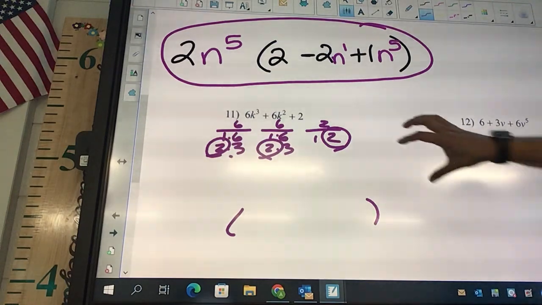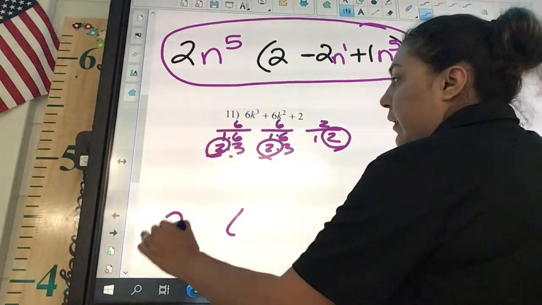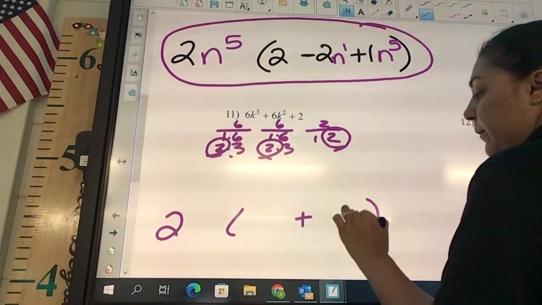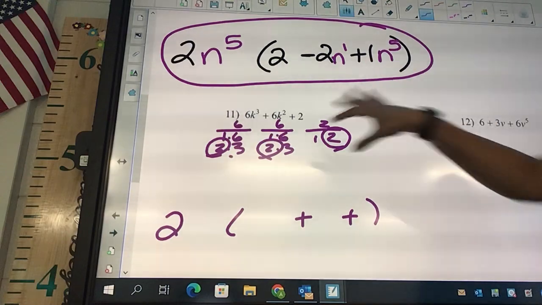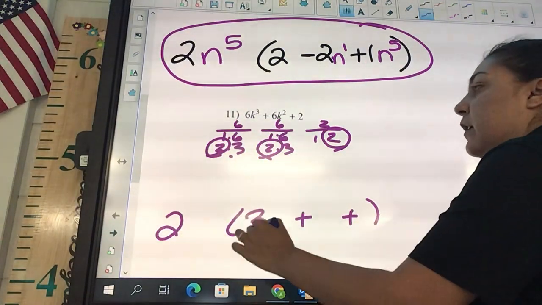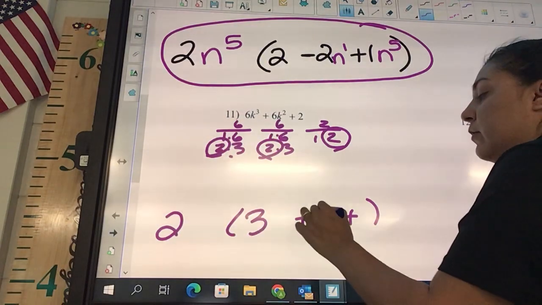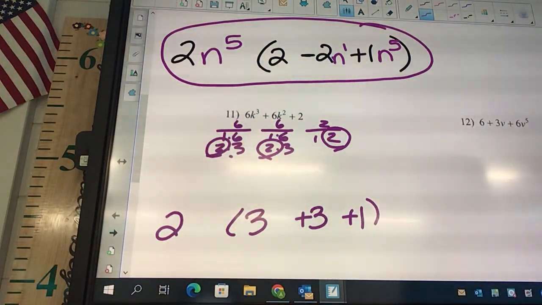Yeah, okay, this last guy, he doesn't have any 6, so we cannot take a 6 out. Okay, we're going to put our signs back. Okay, 6 divided by 2 is 3. 6 divided by 2 is 3. And 2 divided by 2 is 1.